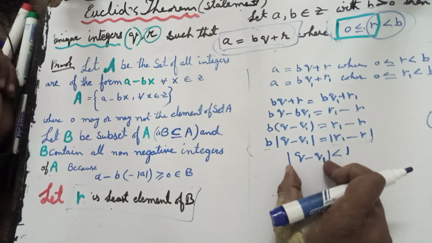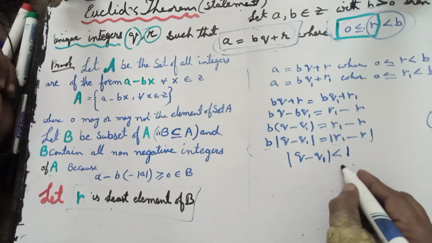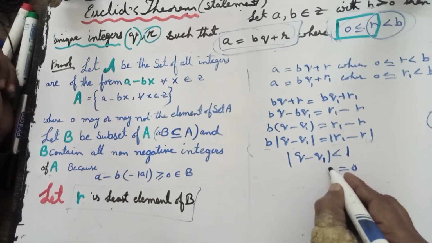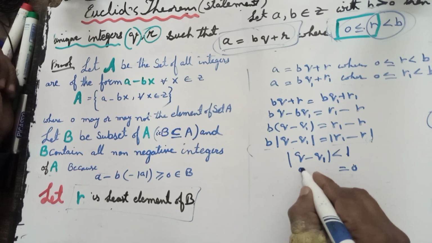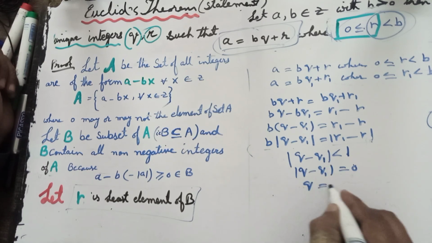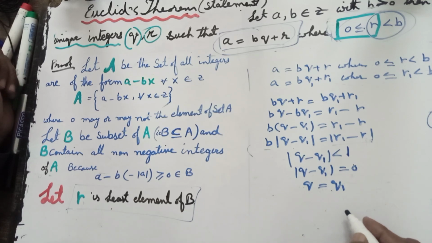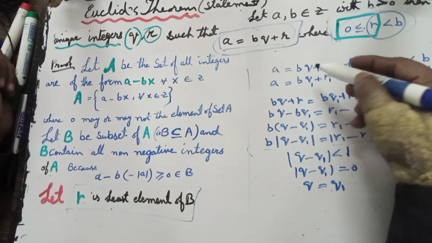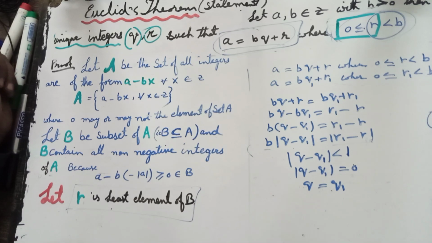And a non-negative integer less than 1 is only 0. So q minus q1 is equal to 0. That is, q is equal to q1. So one thing is proved: q is unique, not different.